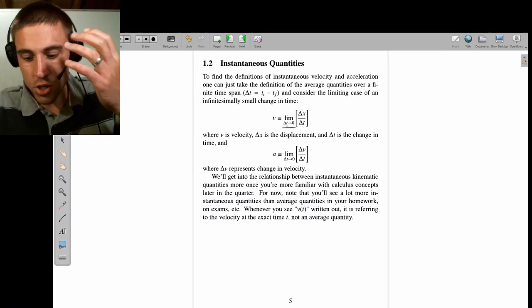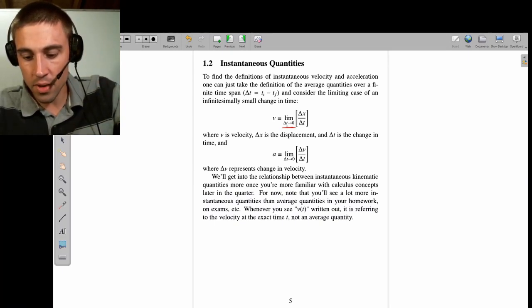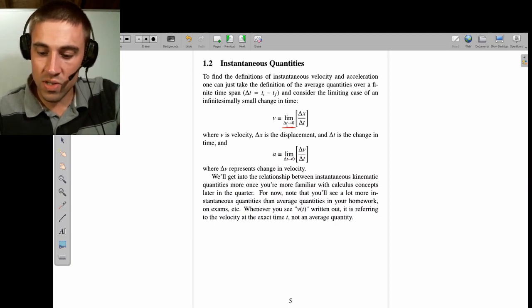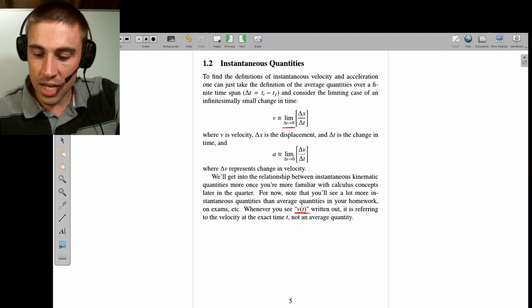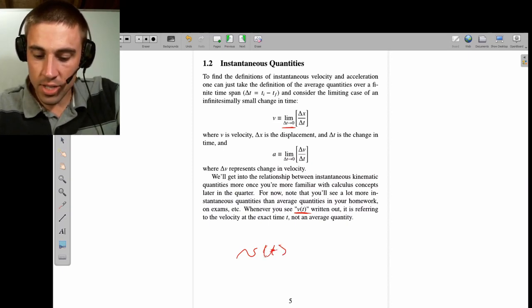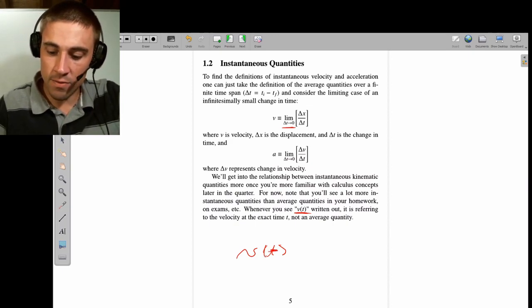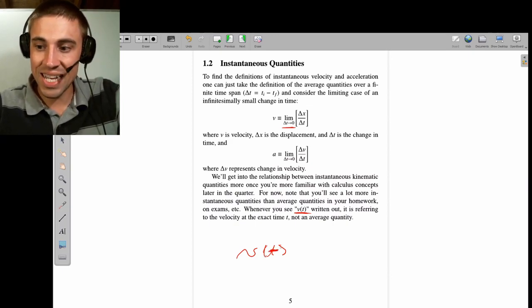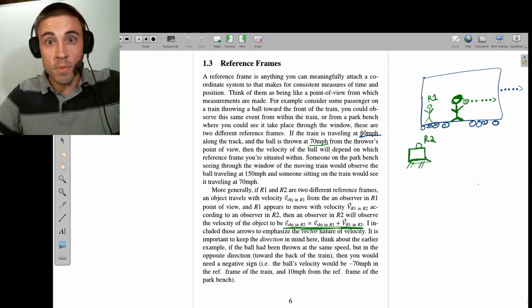So make sure you understand that conceptual link for now. And just note that whenever you see v of t written like that, v is a function of time, then you're always referencing a velocity at that exact time t. That's not an average quantity. That's an instantaneous velocity. All right, let's wrap this up really quick.